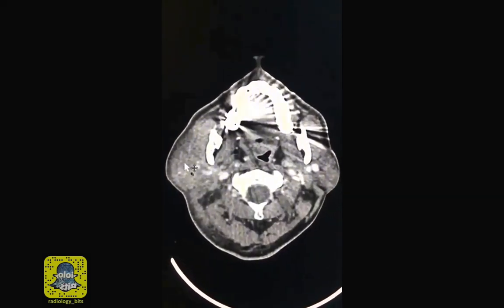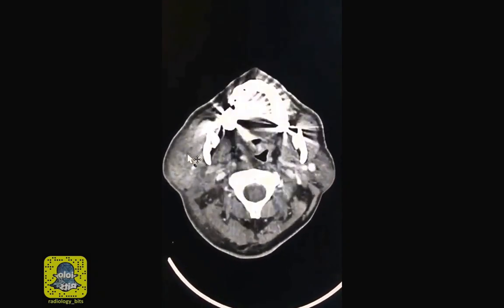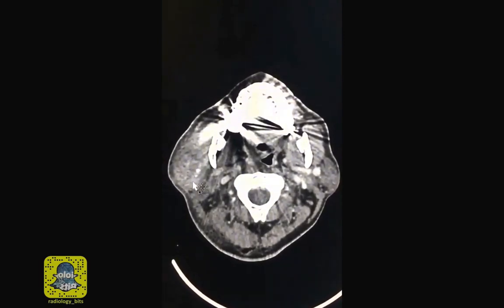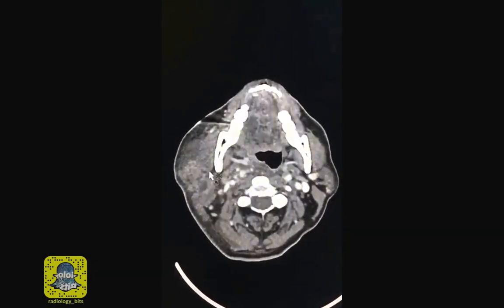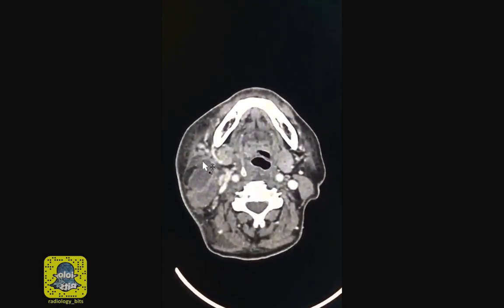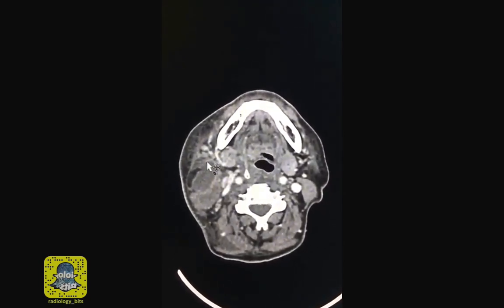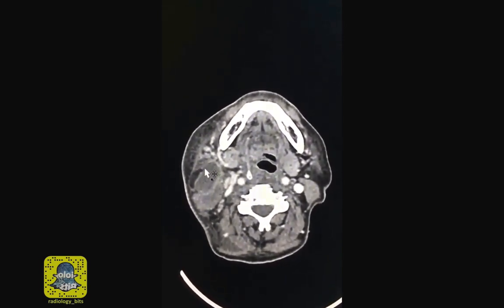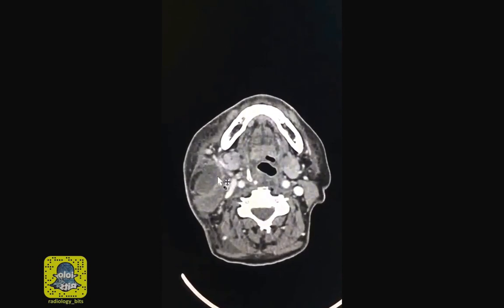The increased density of the right parotid gland is likely due to hyperemia, along with the enlargement are consistent with inflammation of the gland as well. Inflammation of the parotid gland, the sternocleidomastoid, and the surrounding fat tells us that this is an inflammatory process, and that the abnormality is not purely a simple cyst.